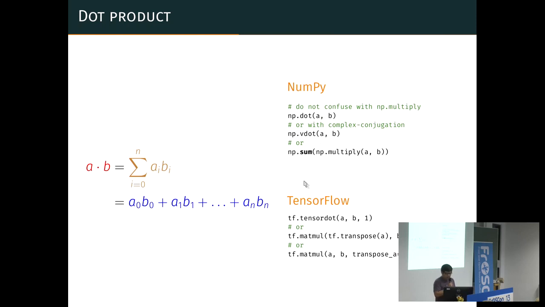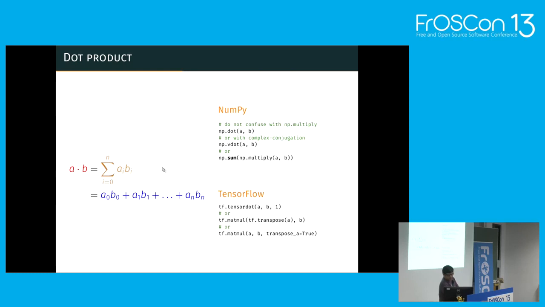Once again, it's quite simple in NumPy. We can just call np.dot, or also we can do exactly this formula. We are using vectorization. TensorFlow is almost the same.